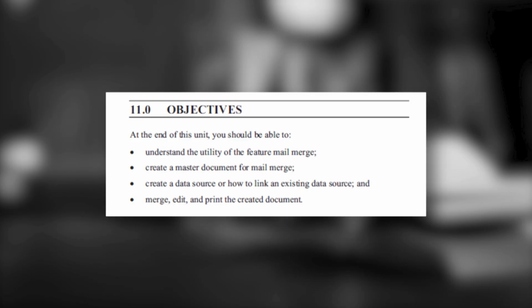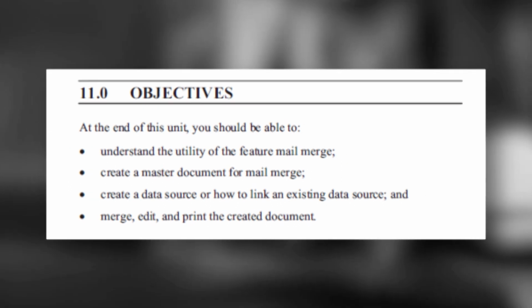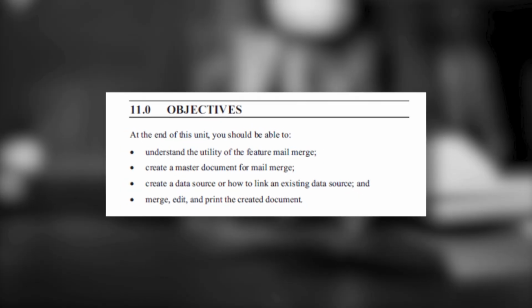The objective is very clear: we are going to understand the utility of the features of mail merge, create a master document for mail merge, create a data source or link an existing data source, and merge, edit and print the created document.